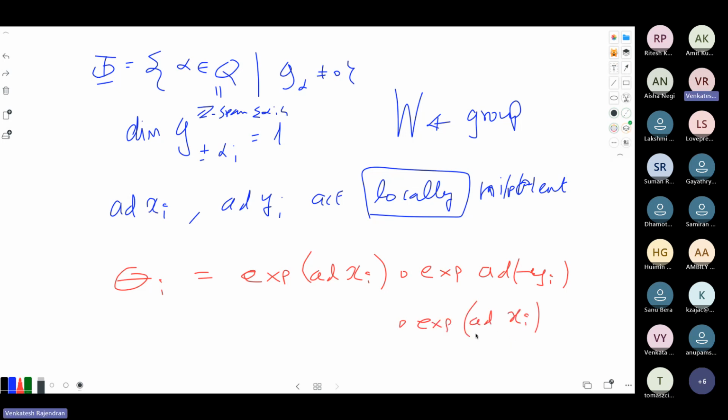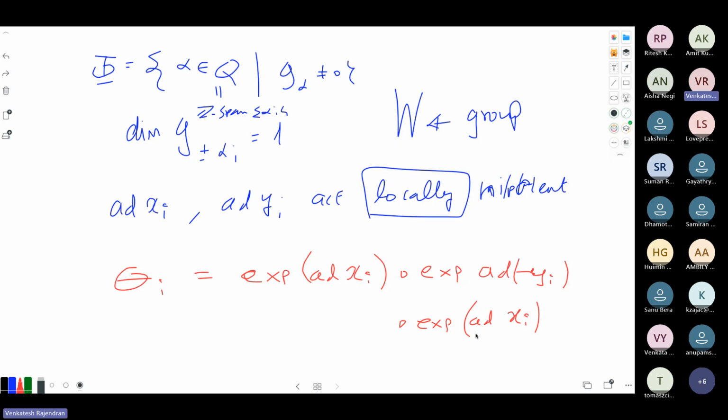This is something you must have seen in the semi-simple algebra case. For example, if you are interested in going from your Lie algebra to either the algebraic group or the Weyl group, you need to use this exponential. If you take ad x being nilpotent, then exponential of ad x, the subgroup generated by that is the algebraic group that you are interested in.